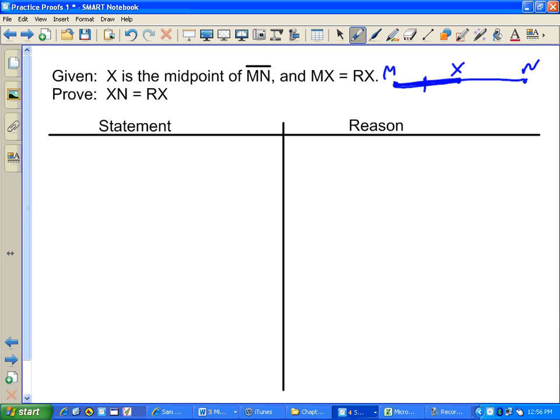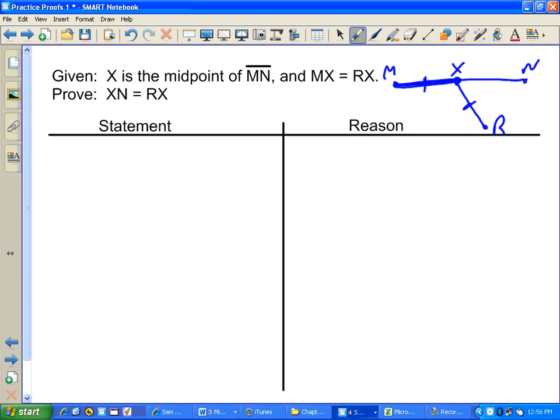It doesn't have to be exact, but I know that it's going to have to include X and be about that far away. So I could put R here, or here, or here, anywhere that's about the same distance away from X as M is. But I can't put it on M or N. So maybe I'm going to choose to put R down here.